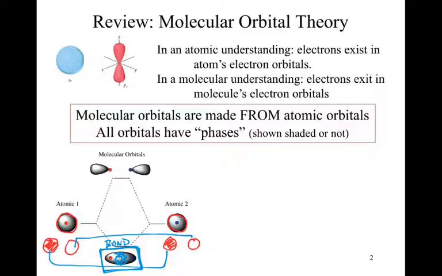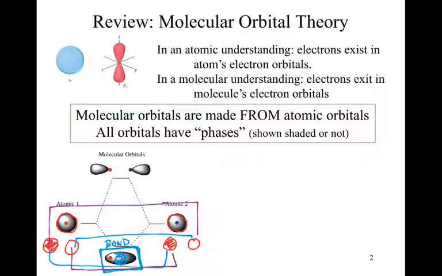Where this theory becomes a little bit more challenging is that we also have to acknowledge another possibility. I could have just as easily taken that shaded and interacted it with the unshaded, or the unshaded and interacted it with the shaded. In those cases, what happens? Well, they try to overlap, but now the waves misalign.